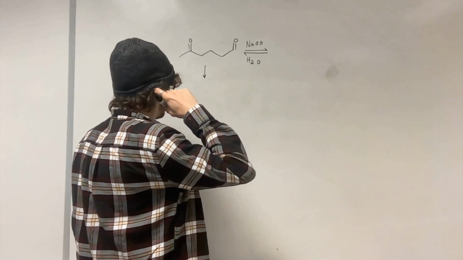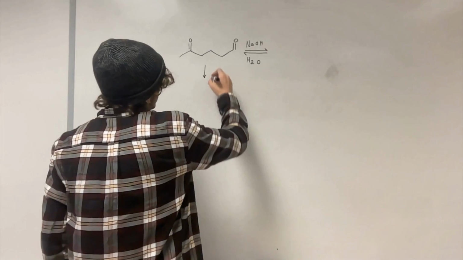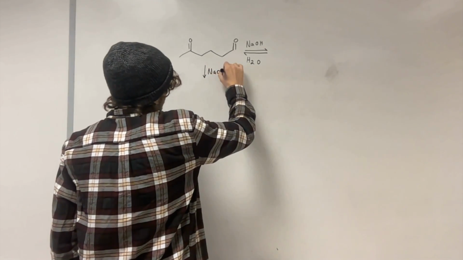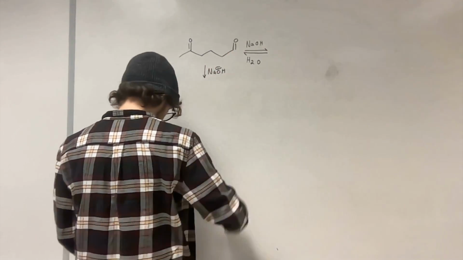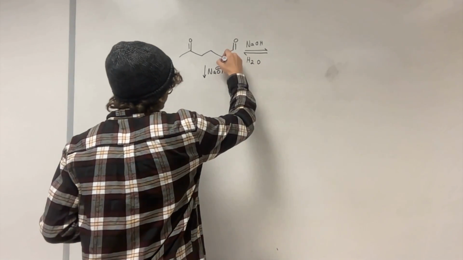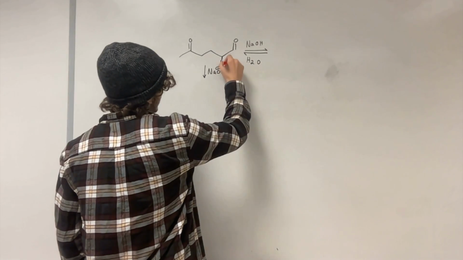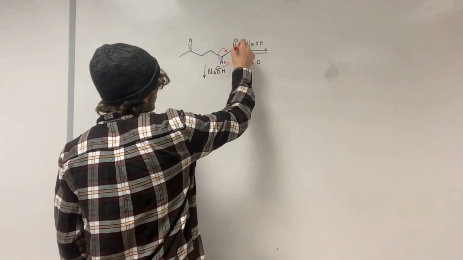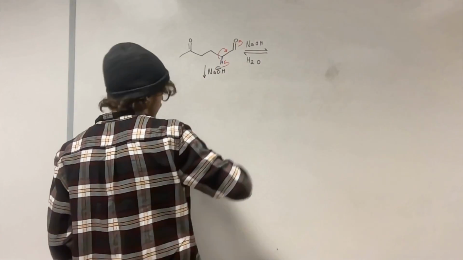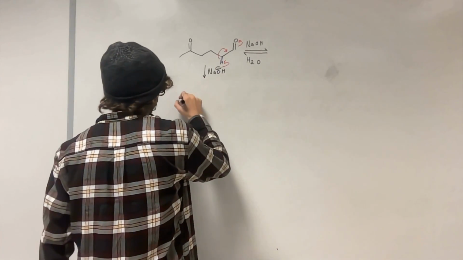Let's say the aldehyde will make a ketone, an enolate. So let's have our hydrogen here. And our NaOH is going to attack the hydrogen, form a double bond, and we're going to push electrons back up.